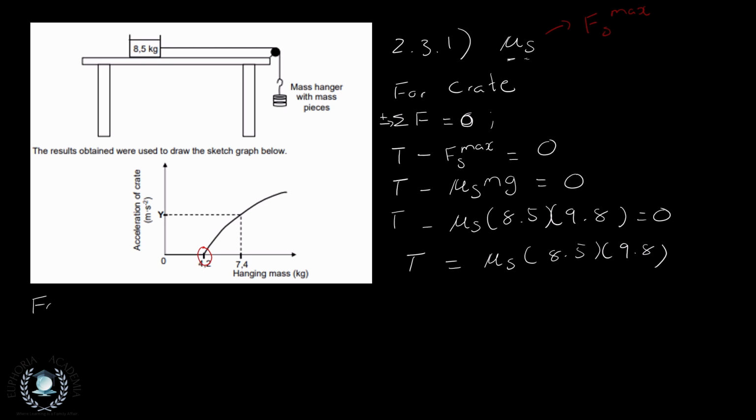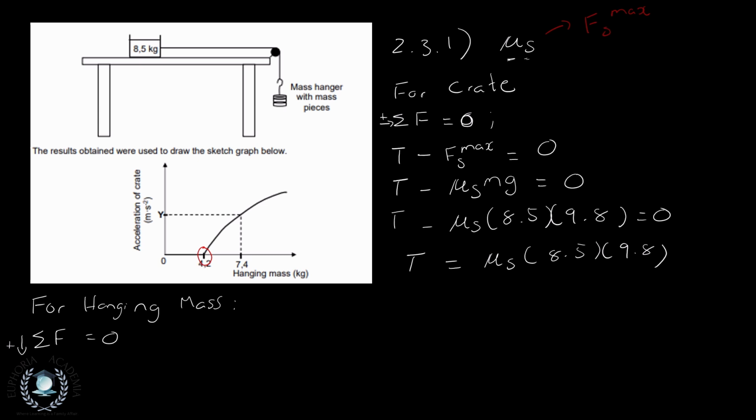Now for the hanging mass, what do we have? Because we're still trying to find our tension. Find our tension, and we'll find our mu s. For our hanging mass, the sum of our forces is still equal to 0, and we'll take down as positive because the tension in this case is going to stop or prohibit this thing from moving.